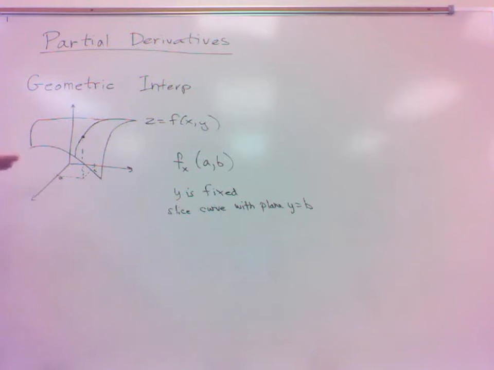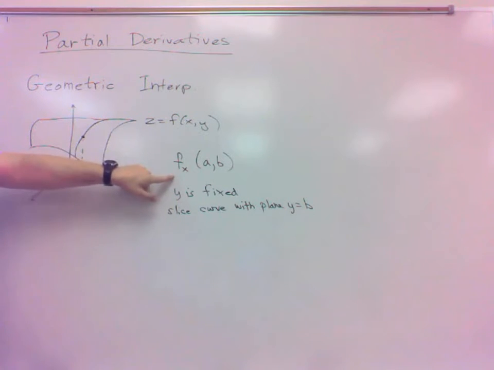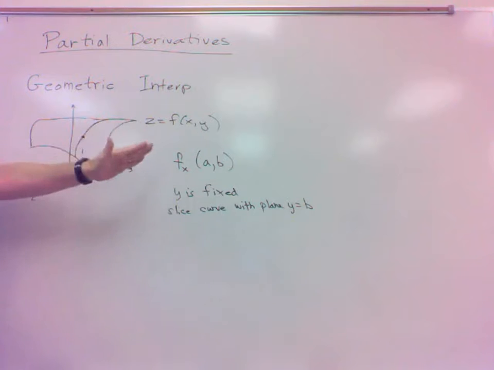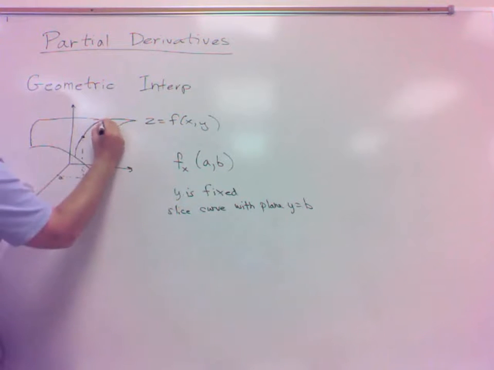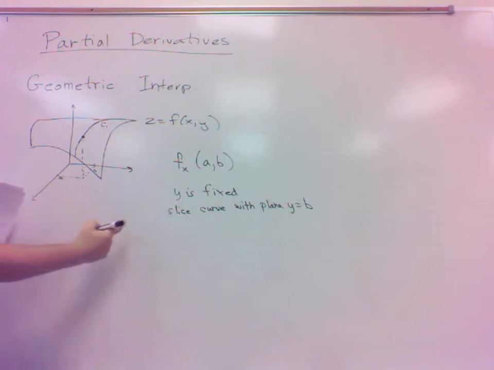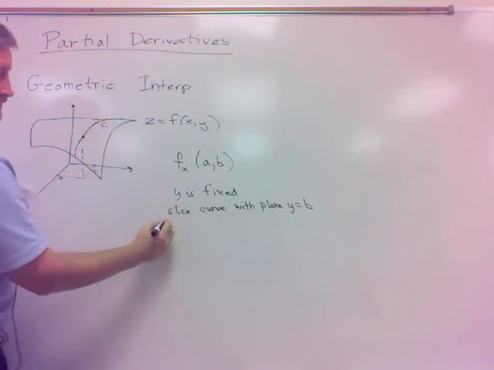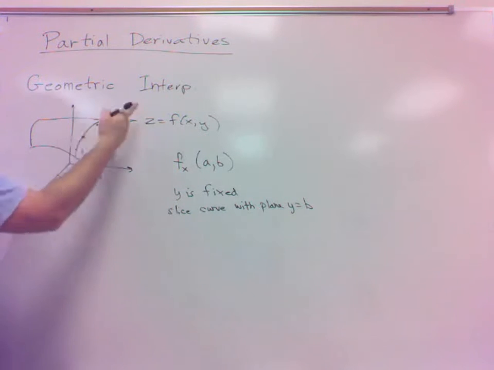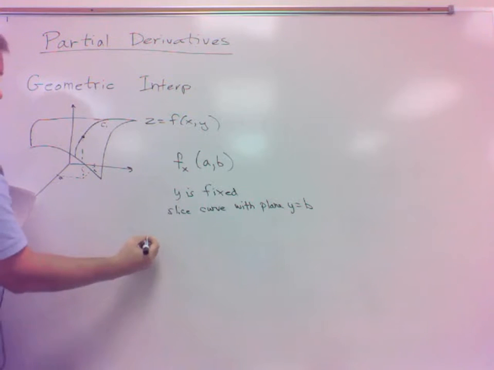All right, now I'm looking at this point along this curve. And so what the partial derivative of f with respect to x describes is a tangent line to where that plane slices the surface. Call it C1, that's where our plane intersects the surface, so C1 is that curve.